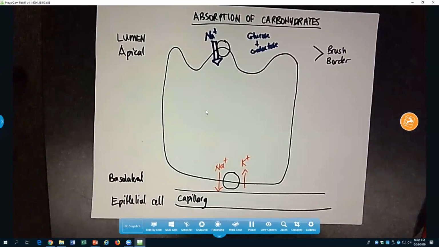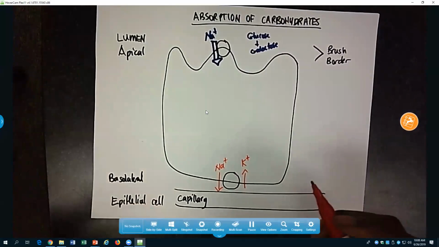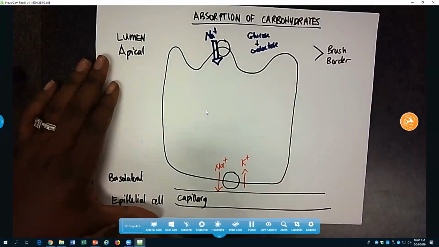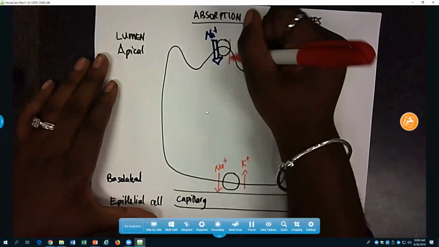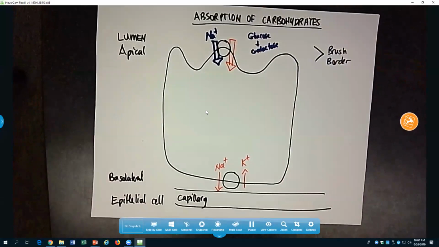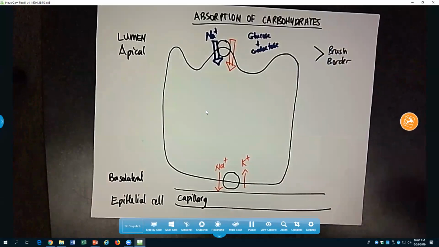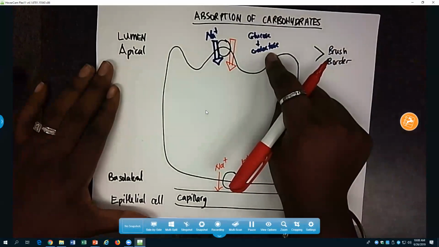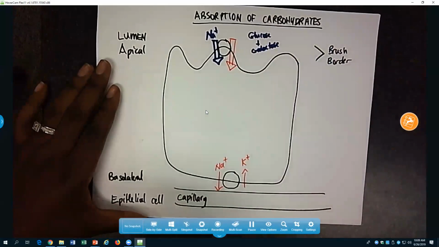And as a result, what's going to happen next? Glucose or galactose is going to hitch a ride here, right? It's going to harness the energy that's released as sodium moves along its concentration gradient, and glucose or galactose is moved into the cell that way.